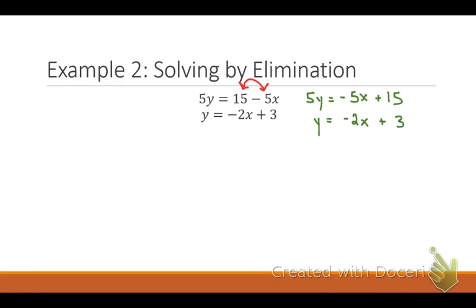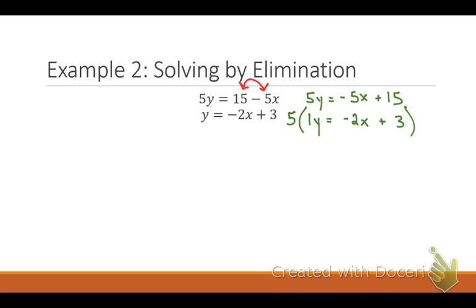So is 2 divisible into 5 evenly? You don't want to mess with decimals. Is 1 divisible into 5 evenly? Yes, it is. So what could I multiply this second equation by? 5. Can multiply it by 5. This is about as hard as it gets with elimination.